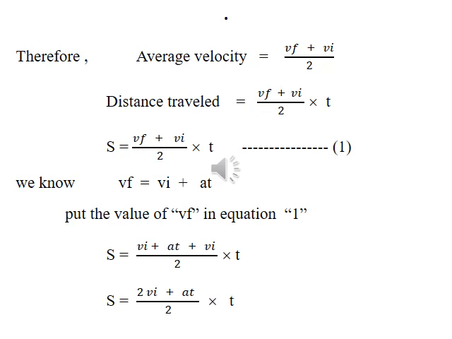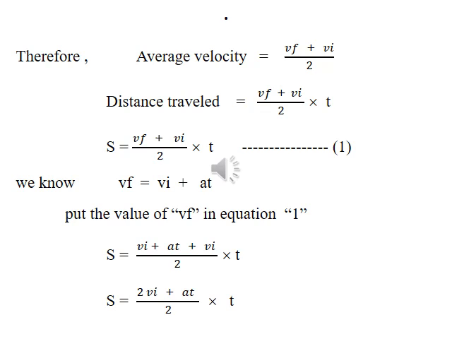So we write that distance travelled equals average velocity, which is Vf plus Vi divided by 2, multiplied by time. So this equation is: S equal to Vf plus Vi divided by 2, multiplied by t.